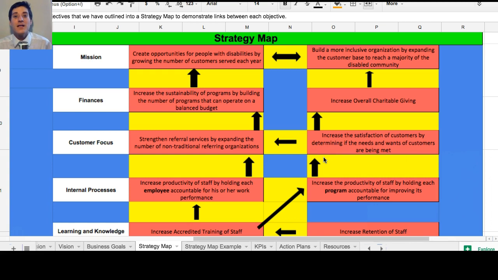In this case, you're following a strategy map. We go from the referral services, and notice how this links to sustainability and to the mission. Customer satisfaction also relates to charitable giving, which relates to a more inclusive organization, and these mission-based objectives interrelate with one another.